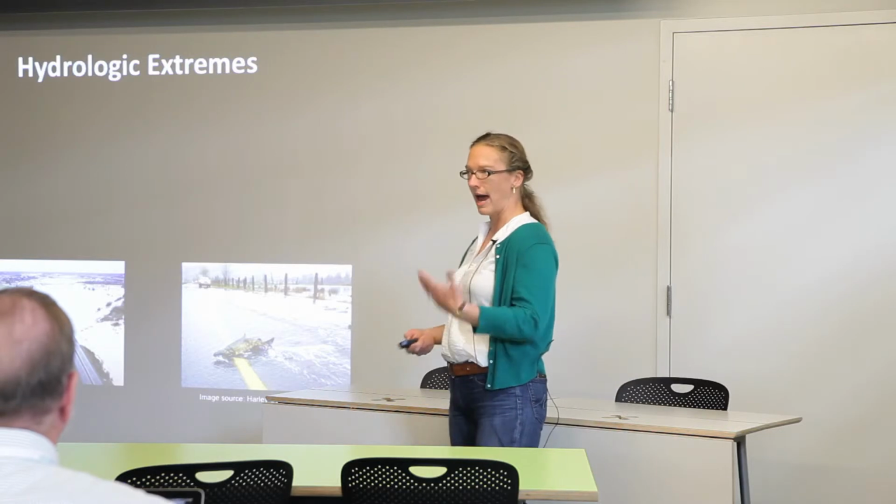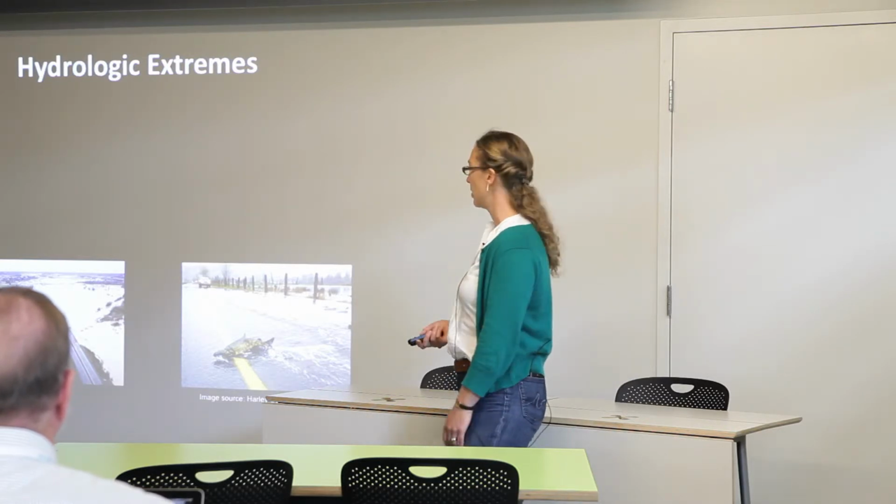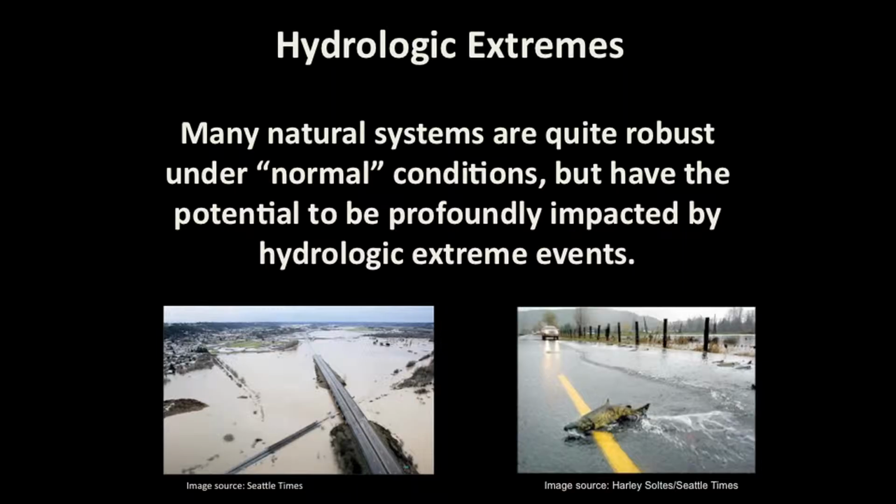So I was showing you average changes in our stream flows, but the hydrologic extremes are what gain a lot of attention for obvious reasons. This is the Chehalis in 2009. This is a salmon crossing a makeshift stream by a flooded road.